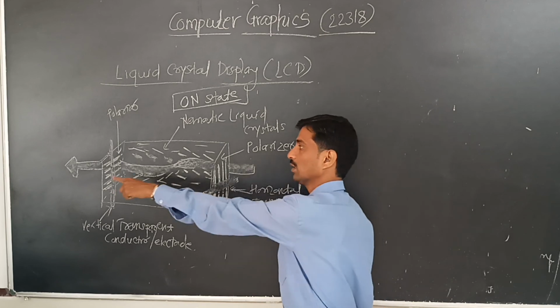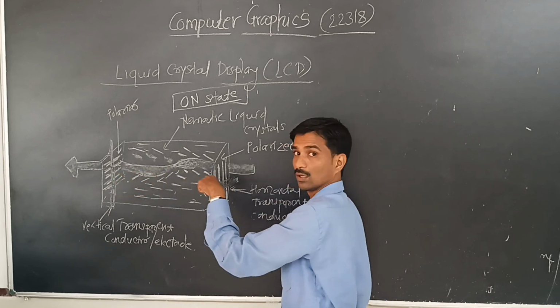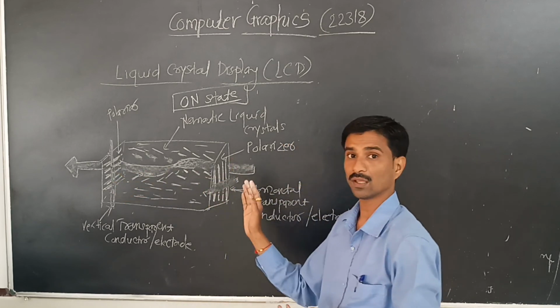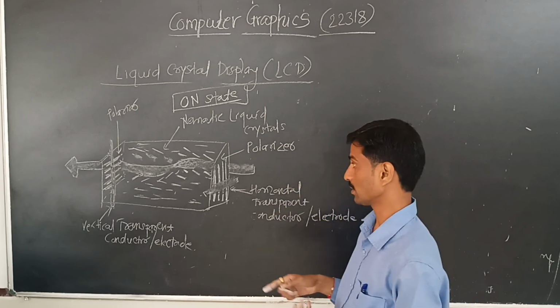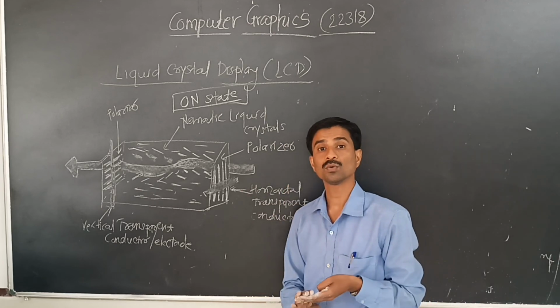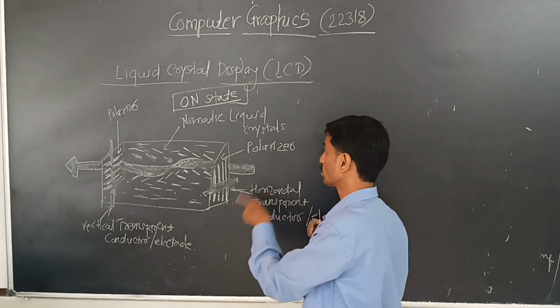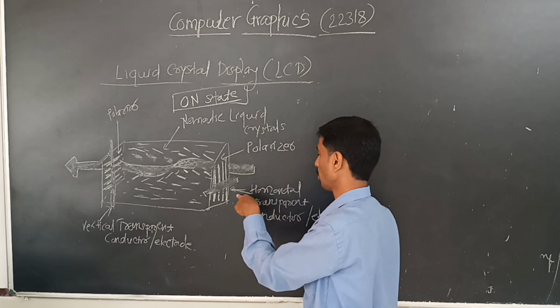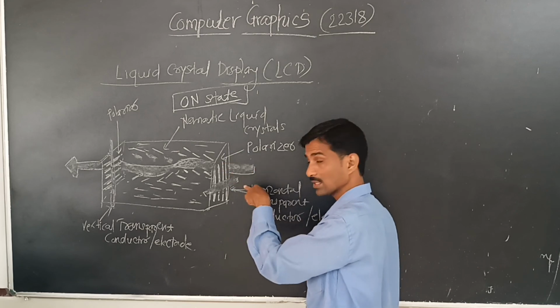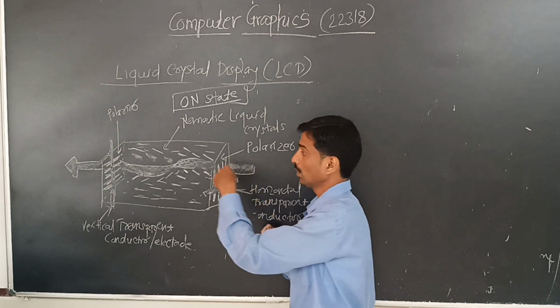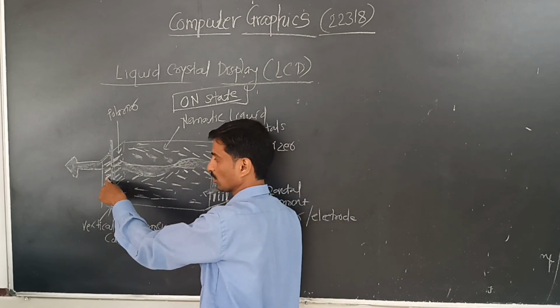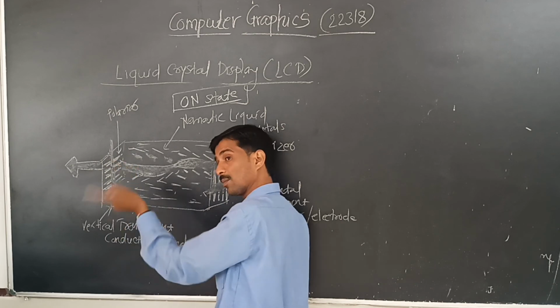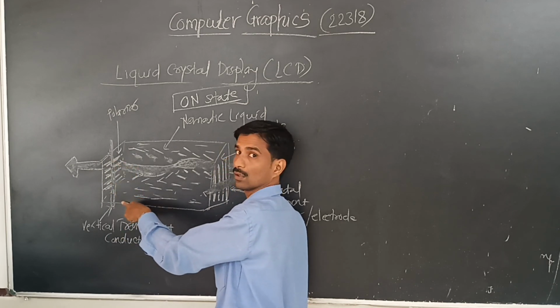I have drawn here only one vertical and one horizontal electrode. There are many different electrodes, and they are placed perpendicular to each other. Also the polarizer: here is a vertical polarizer, here is a horizontal electrode, placed perpendicular. Here a horizontal polarizer, a vertical electrode, placed perpendicular.